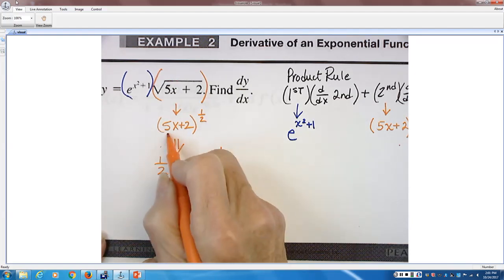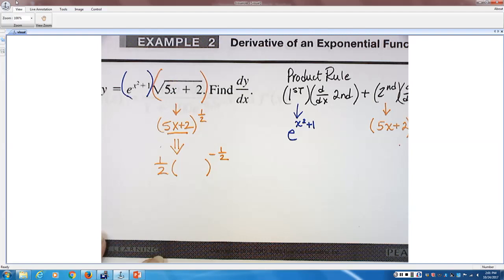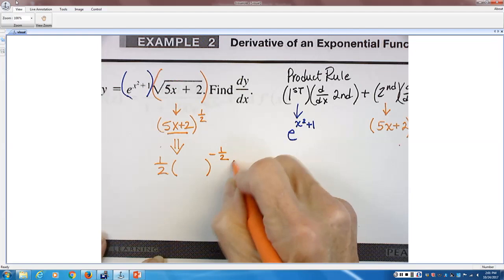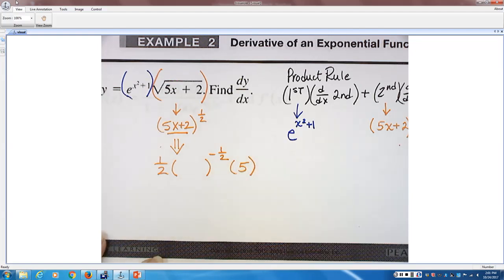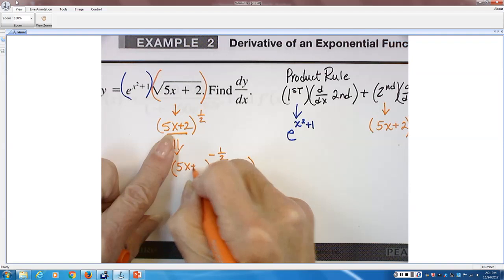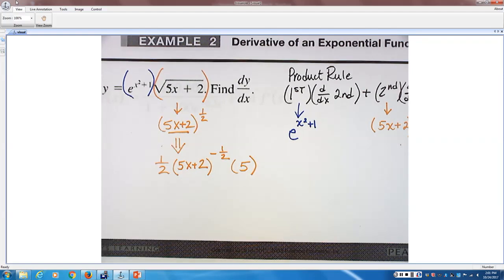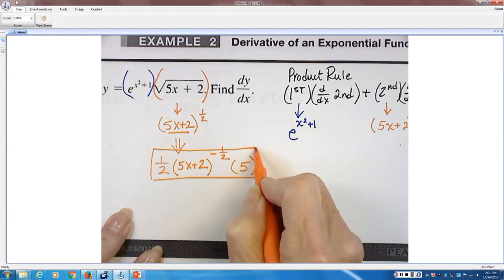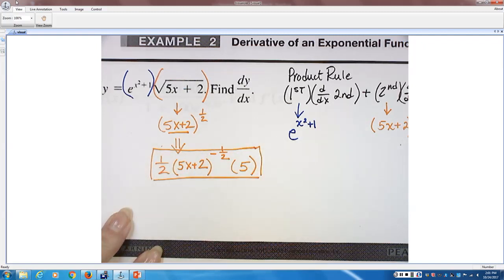Then you take the derivative of what's inside the parentheses or underneath the radical, which is 5 plus 0, 5 for the 5x and 0 for the 2. And that's just going to be 5. And then put back what was in the parentheses. So this is the derivative of the second. That's what goes here.